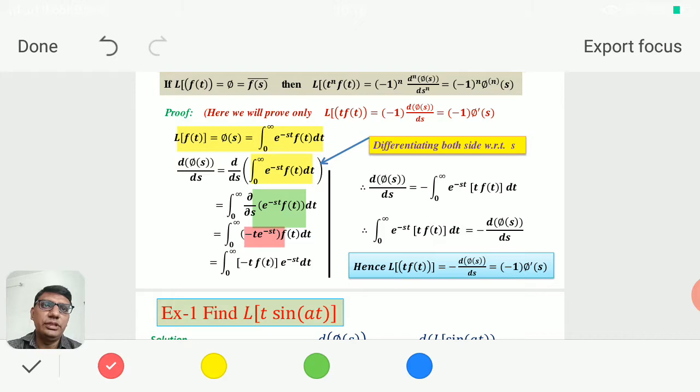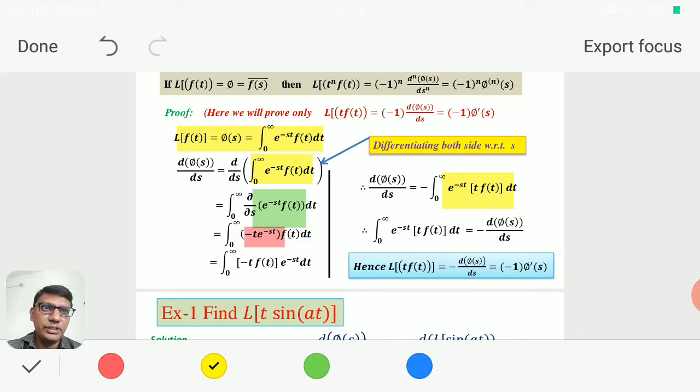Now we take minus t f(t) together with e raised to minus st dt in the integration. Now take minus outside and the remaining term will be the integral of e raised to minus st into t f(t) dt.